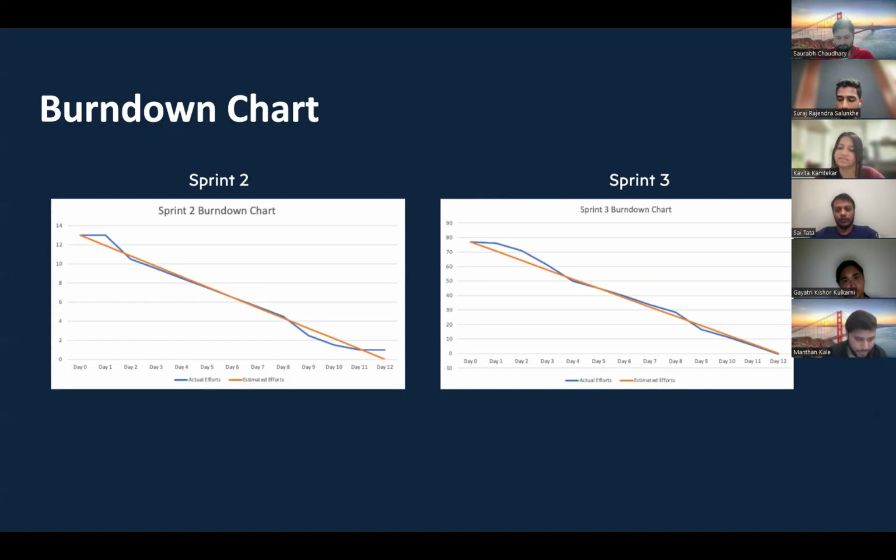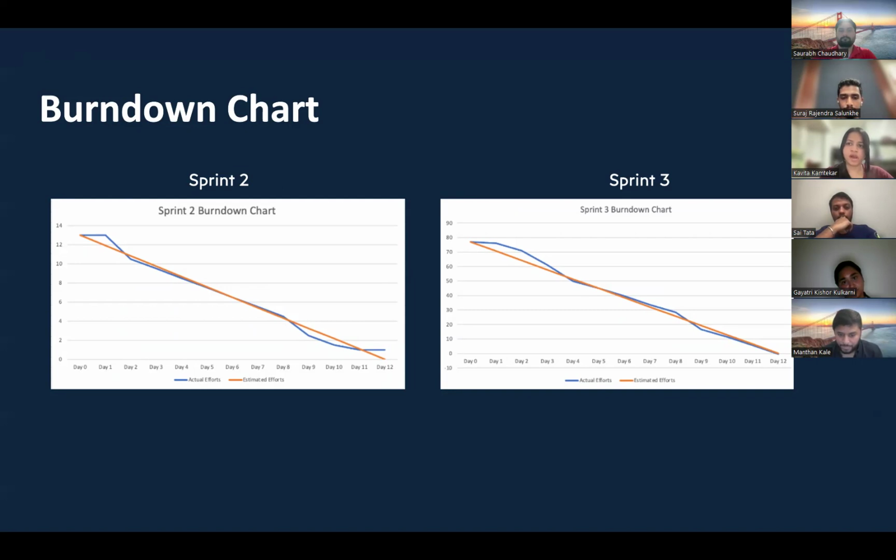As we came into day 3 and day 4, we were on track until day 9, and then we had to pick up a bit more of the work, and then we were ahead of the estimated line, and later on we were able to achieve what we had until day 12. So we were able to achieve all the stories for sprint 2.